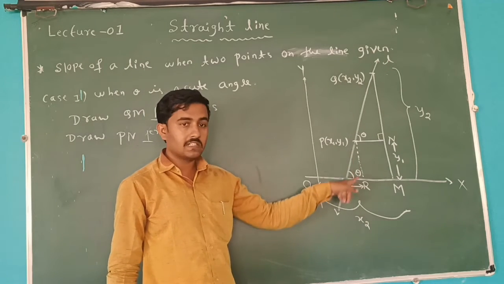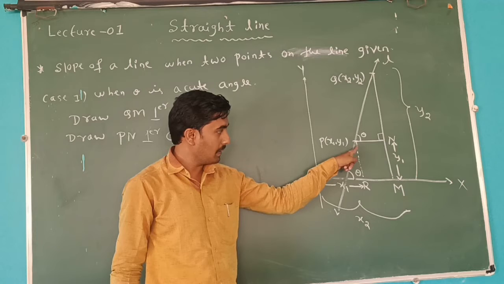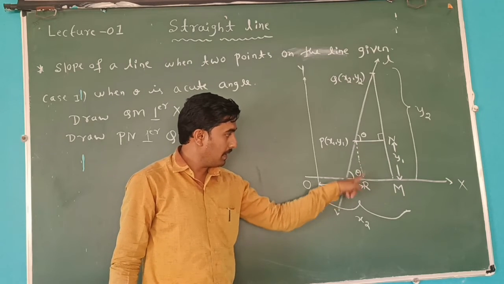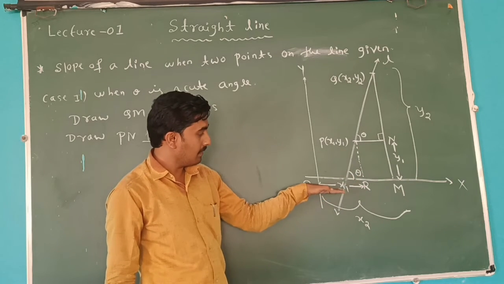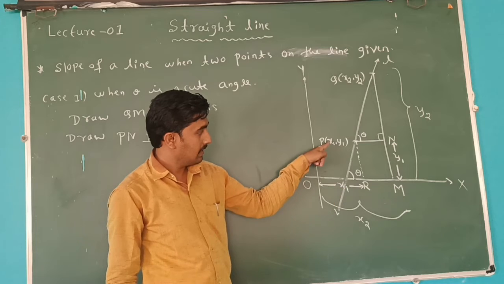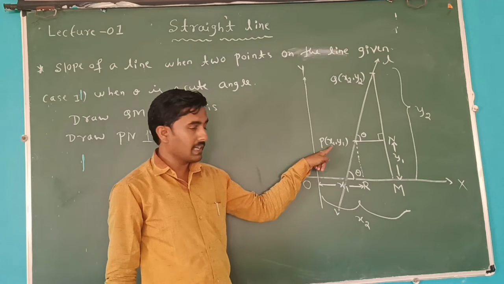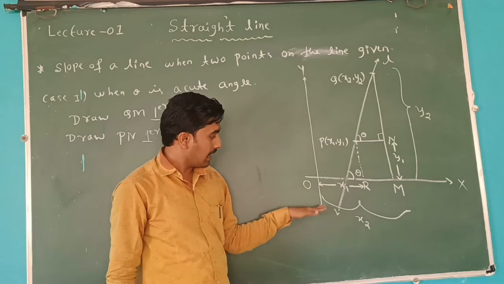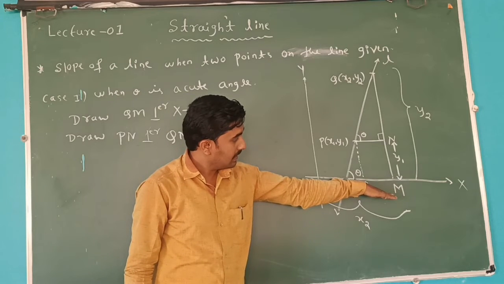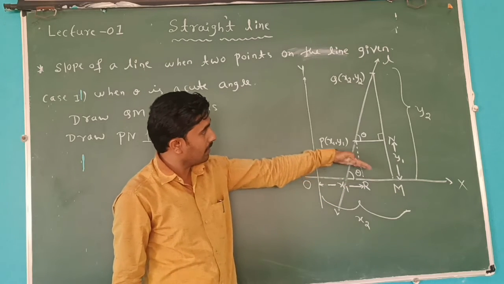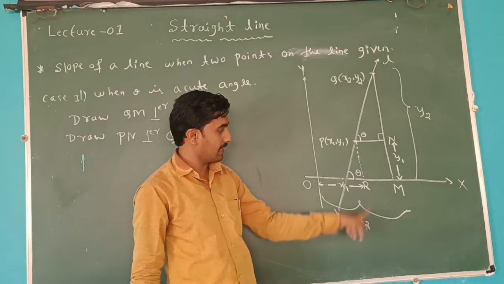This is just an imaginary point. The perpendicular line is from P to R with the x axis. Then OR is the distance of the x coordinate, here x1. And O to M is the distance of the x coordinate of the point Q, which is x2.